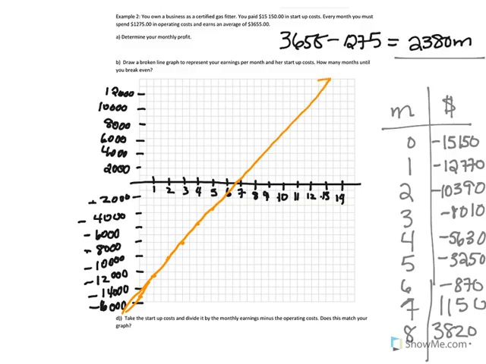What you should notice is that it's going to cross here between 6 and 7 months. That's your break-even point. It looks like it's about 6.5 maybe, depending on how good your drawing is. Okay, so that does make a linear function, which means we can make an equation from it. We've done equations before, y equals mx plus b.